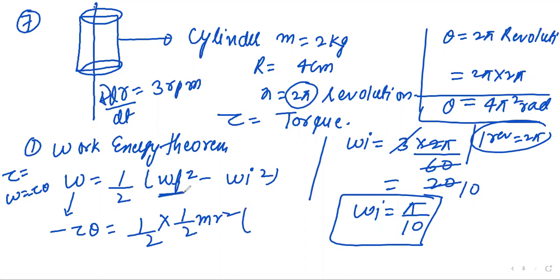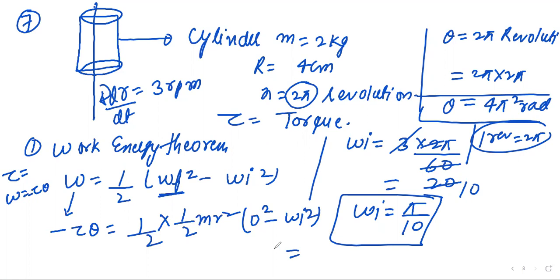Finally you have to stop, right? So final velocity will be 0. So it is 0 square minus initial square. After putting, you will get the torque.